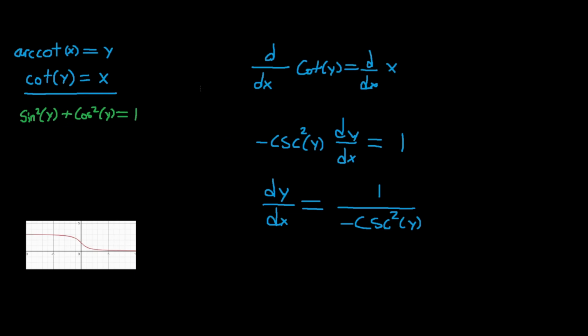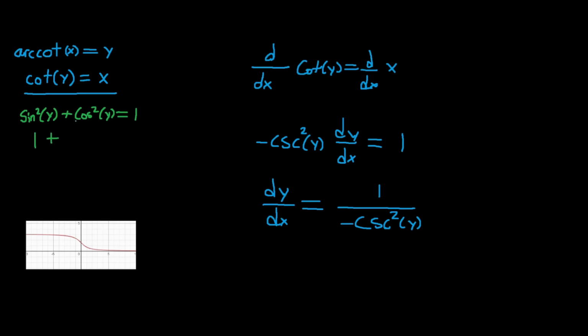And so the first thing you want to do is look over here at your Pythagorean identity, and I want to find a way that I can somehow manage to make this equal cosecant squared of y, in some shape or form. And what you're going to do is divide every term in this identity by sine squared of y, right? So this first term, we're just going to have 1.